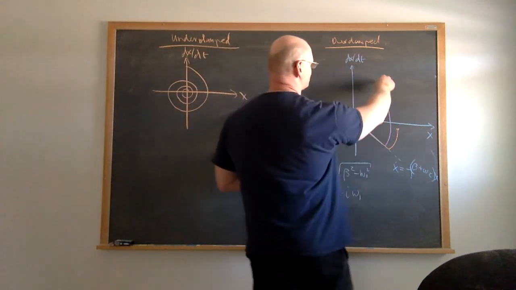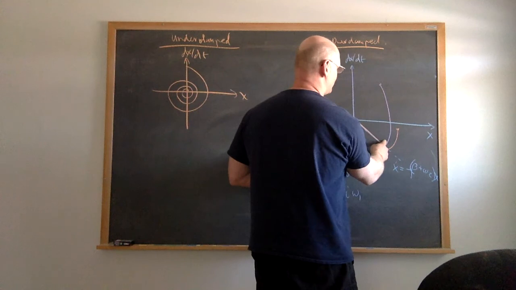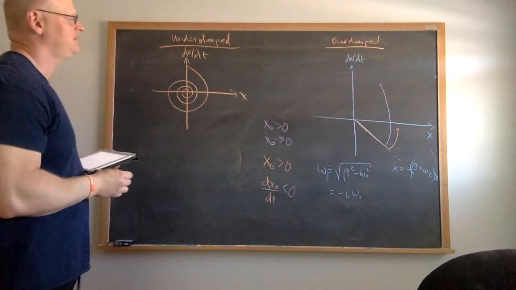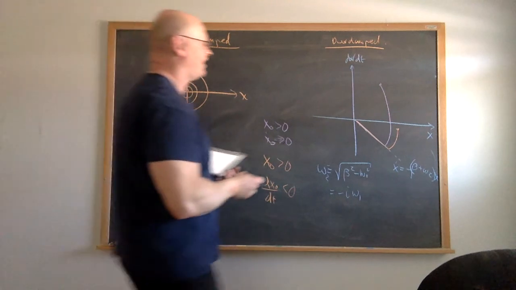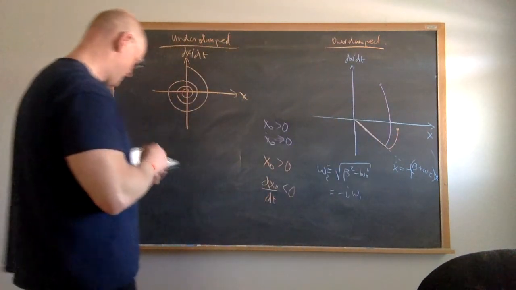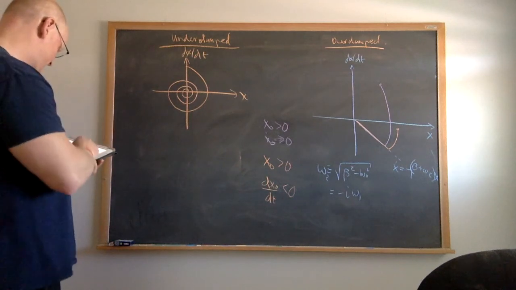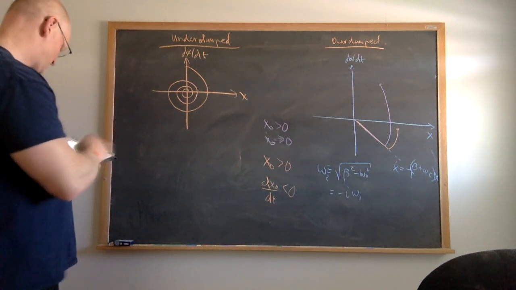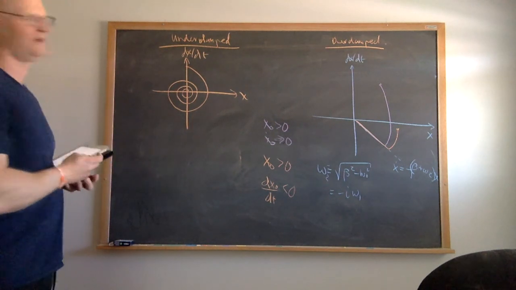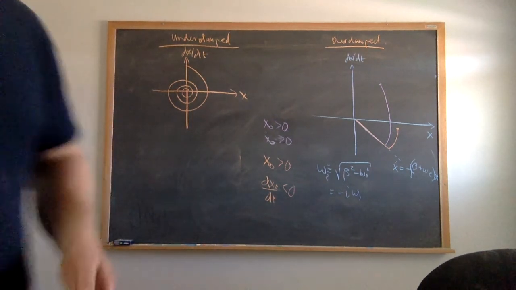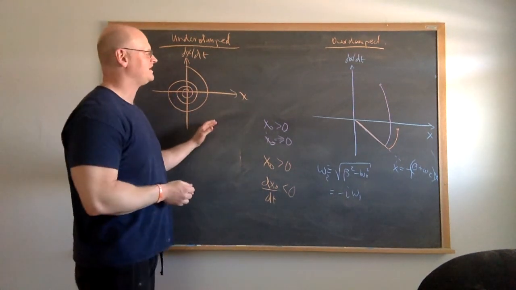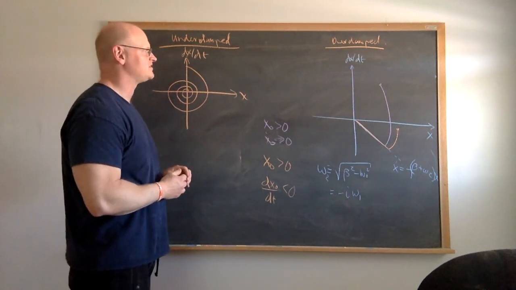The velocity starts off positive and then goes to negative, and then it exponentially decays along this particular line. Here, the velocity stays with the same sign. So we can get some very interesting types of behavior from these different scenarios based off of the initial conditions for this overdamped situation.